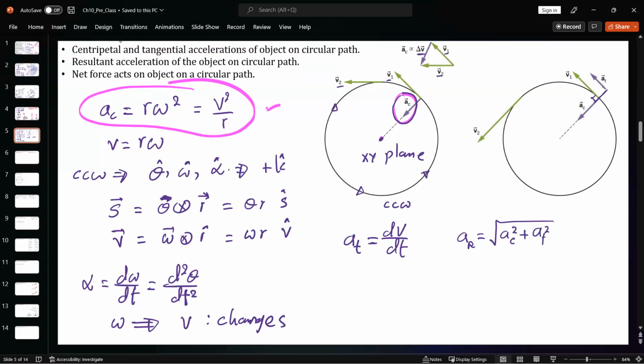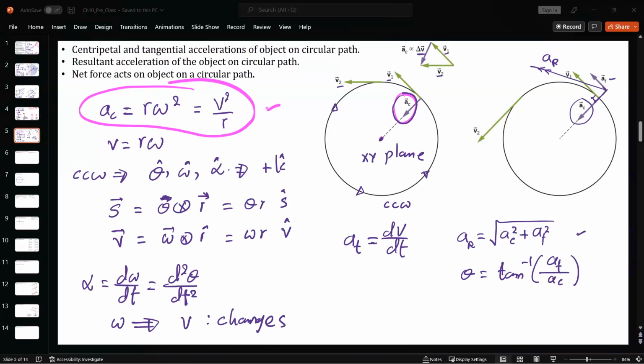If I extend this line, this is going to be the AC direction, AT direction. So the resultant is going to be somewhere there, which we don't know. We can find the magnitude of a by using Pythagoras. The angle relative to the x-axis, the horizontal direction, is going to be tan inverse of the y component over the x component, always, AT over AC. Okay, and all of those we can find very easily.